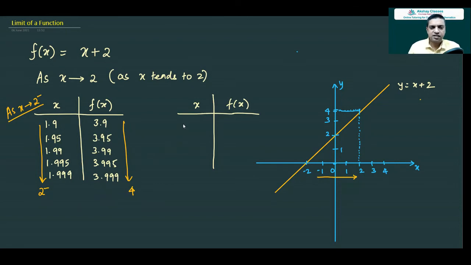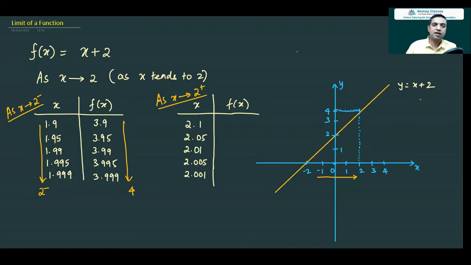Now let us consider this. Suppose we approach 2 from values greater than 2, 2.1, then we come close, 2.05, then 2.01, 2.005, 2.001.